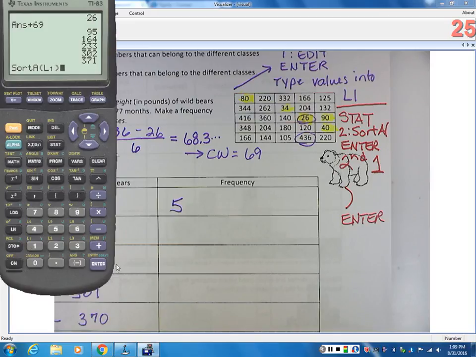Close the parenthesis. Just like in English class, the teacher wants a punctuation mark at the end of the sentence. In math, if there's an open set of parentheses, you close them. And then you hit enter. And it says done. You're saying, okay, that's nice, what did you do? Go back to Stat and enter and look at your data now.